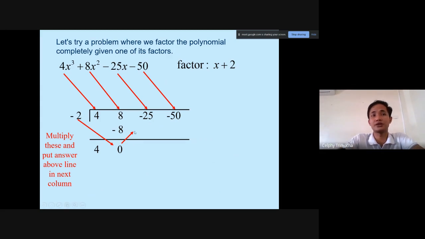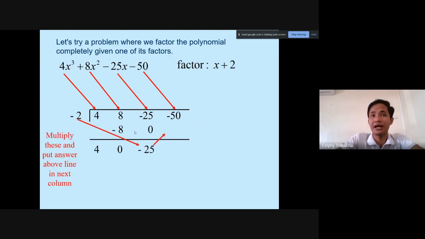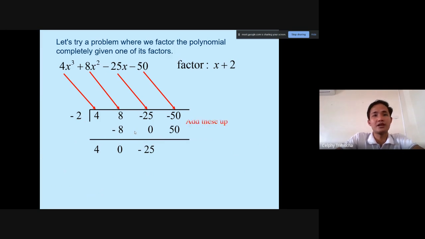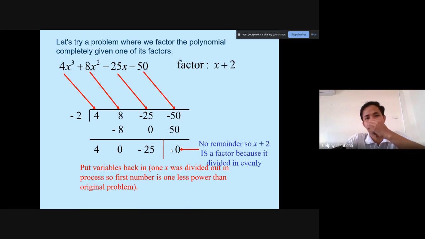Multiply, 0 times negative 2 is equal to 0, so adding will give negative 25. Multiply will be equal to positive 50, so adding will be equal to 0. Since our remainder is equal to 0, that means that it is a factor of the certain equation. So if the remainder is 0.